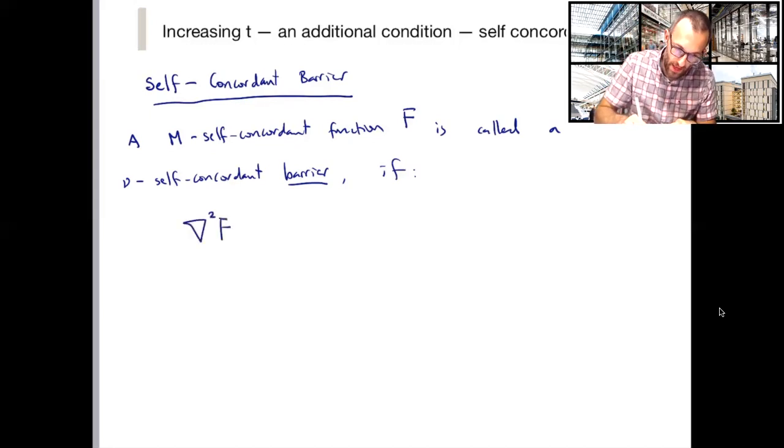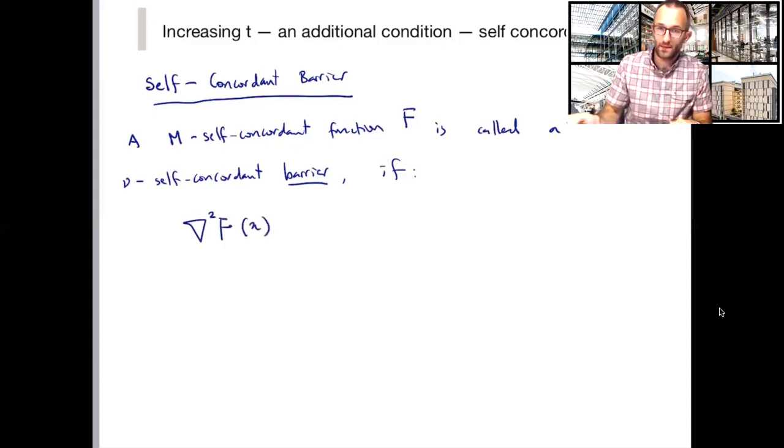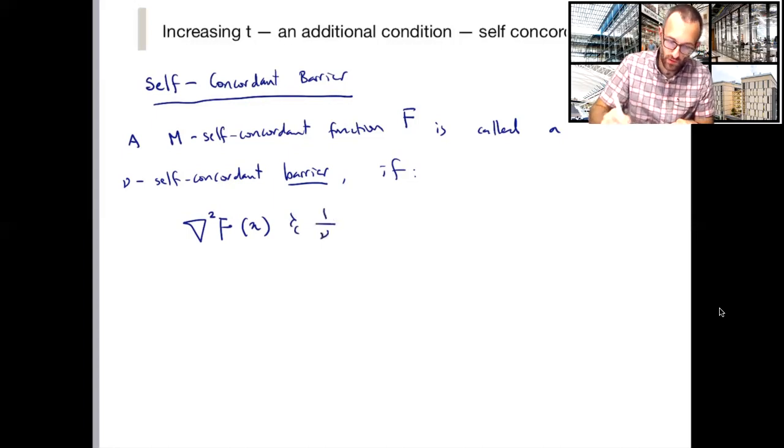So the Hessian of f at x is at least 1 over nu times the gradient outer product with itself.